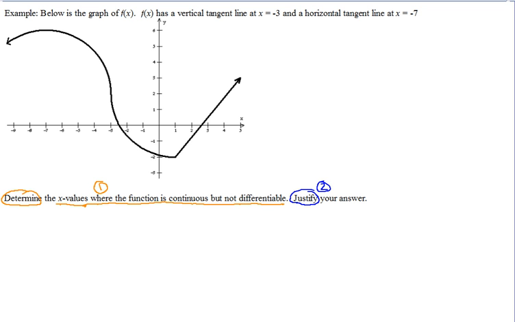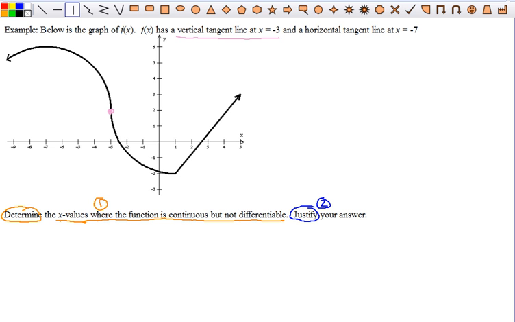F of x has a vertical tangent line at x equals negative 3. So right there's a vertical tangent line. You can draw it in there if that's helpful.